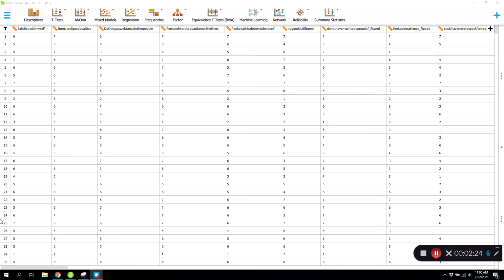And that's how we get the Cronbach's alpha. We really need a 0.8 or higher from that Cronbach's alpha test to tell us all of those items are working closely enough together that they are all measuring the same construct. In this case, we're trying to measure self-esteem.